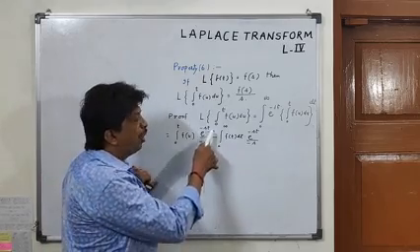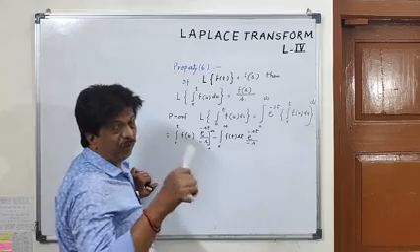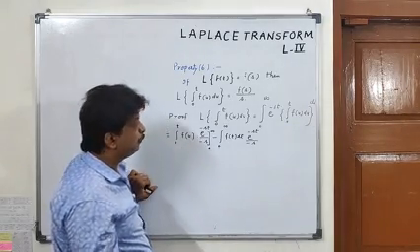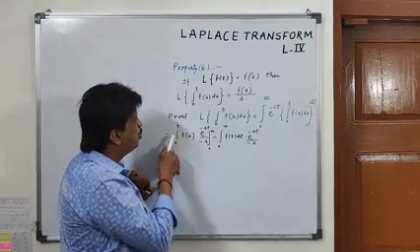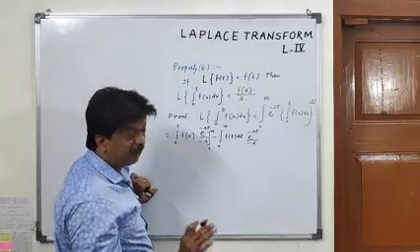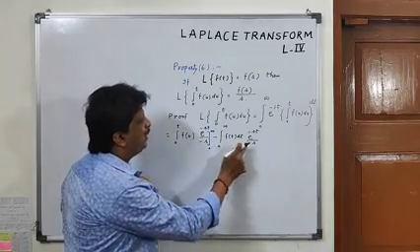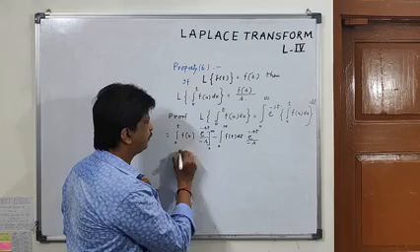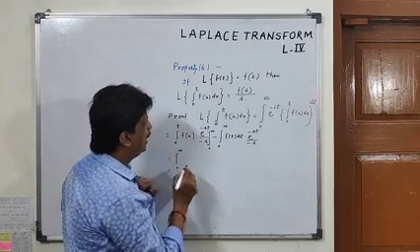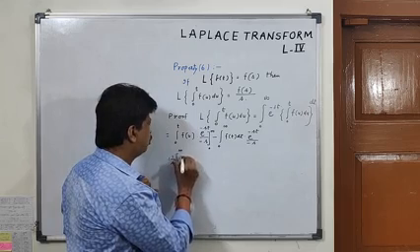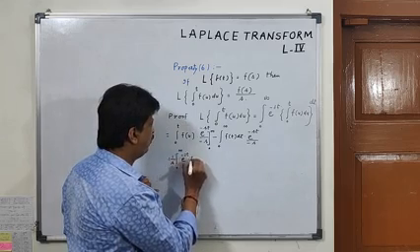So for t equal to infinity, e raised to power minus infinity is 0. So for the upper limit its value is 0. For the lower limit t equal to 0, integral 0 to 0 is 0. So first term is 0. This minus minus plus. So this is equal to integral 0 to infinity e raised to power minus st into f of t times 1 by s.